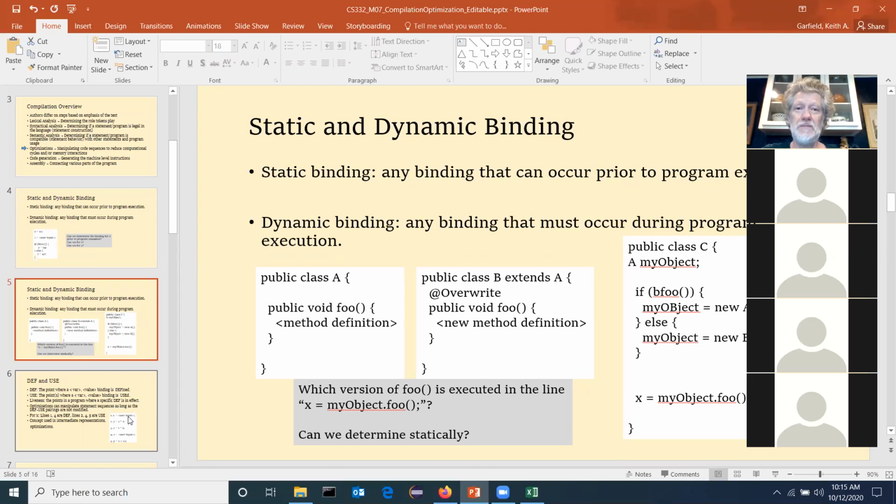And then there's going to be a separate memory set aside with the instruction sequences for the method of foo that's defined in B, the overwritten method. And ideally, when your program is compiled, all those memory references are resolved. And so the execution of the program can go smoothly. The program counter always knows what's next. When you do the fetch of the instructions, you always know where to go next.